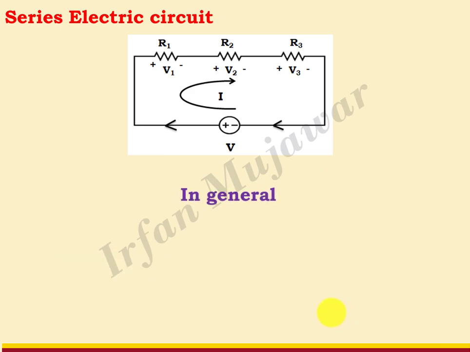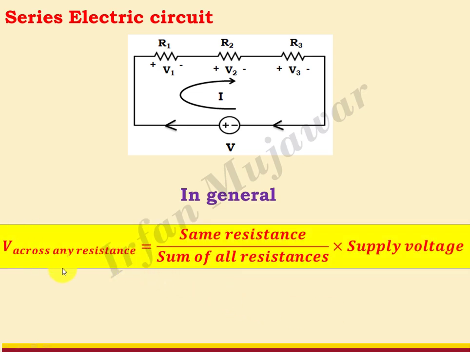So in general, we can write voltage across any resistance is equal to that same resistance divided by sum of all resistances into supply voltage. Now this is the general rule and it is a very important rule, so that can be used to calculate voltage across any resistance.